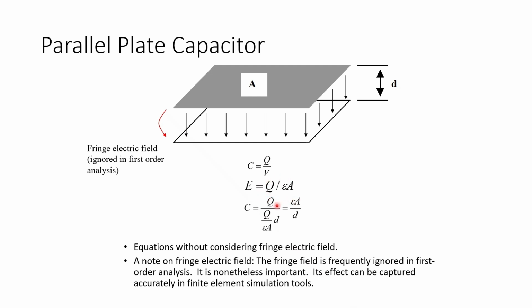We can rewrite it as epsilon times A divided by D as a first order approximation. Epsilon is the permittivity, D is the distance between the plates, and A is the area of the capacitor.